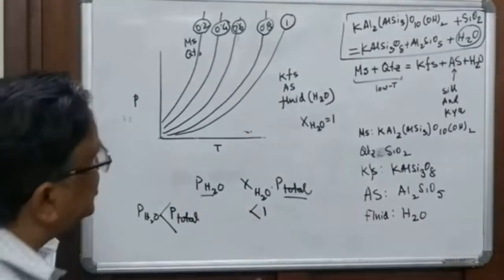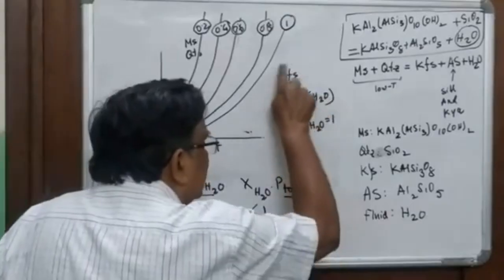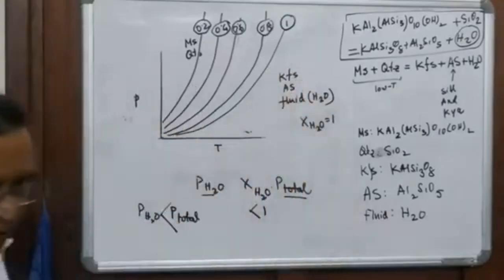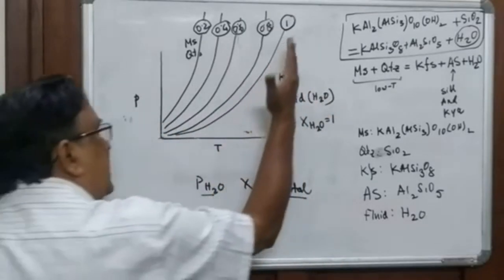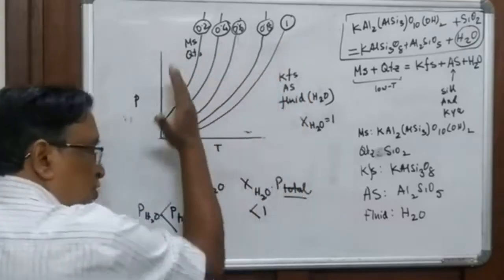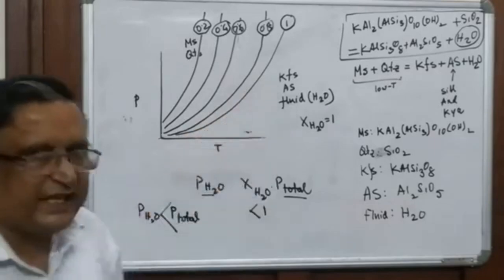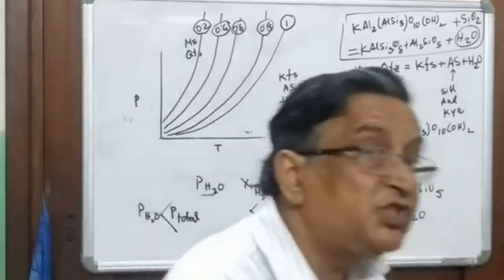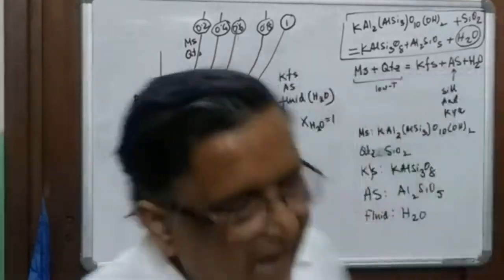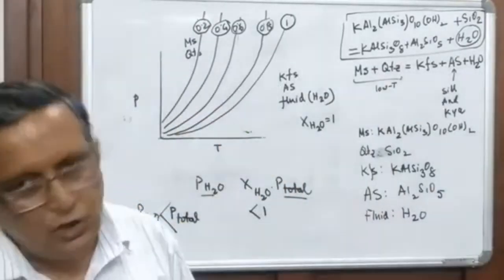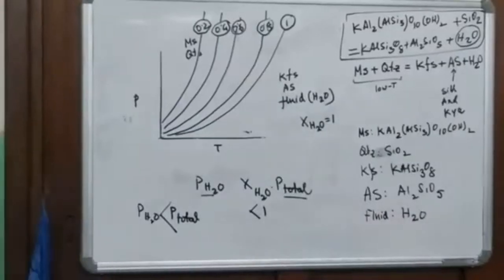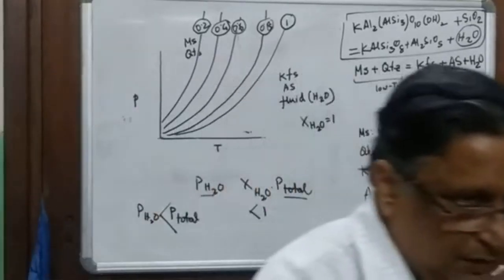In other words, the K-feldspar plus aluminosilicate assemblage shifts to lower temperature, making K-feldspar plus aluminosilicate more stable at lower temperature and lower pressure. This is an important point that will come into our discussion.